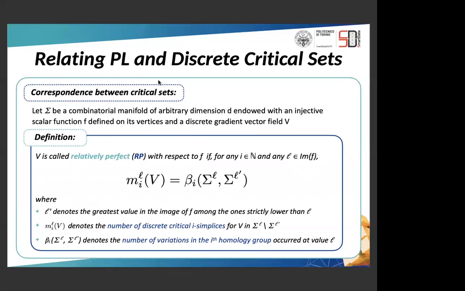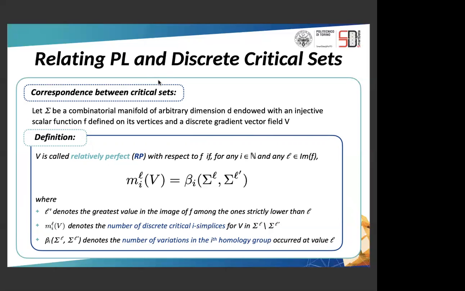First of all, to do that, we put ourselves in a common framework: a simplicial complex which is a combinatorial manifold of arbitrary dimension, endowed with a scalar function f, and on which a gradient vector field V is defined. The correspondence that we want to establish will be realized under the assumption that V is a relative perfect gradient with respect to the function f.